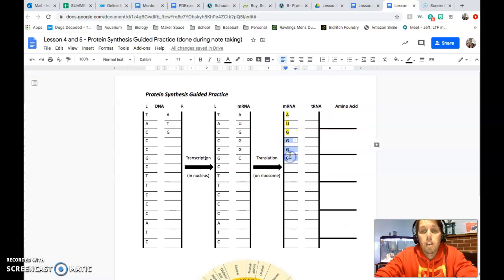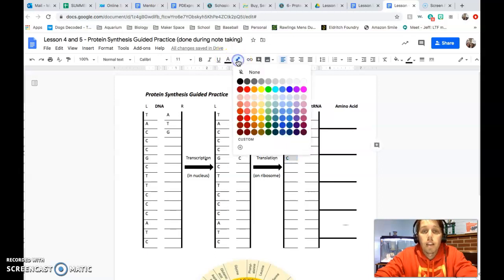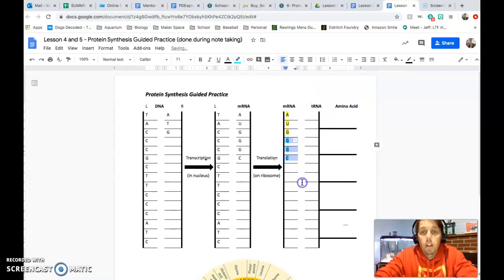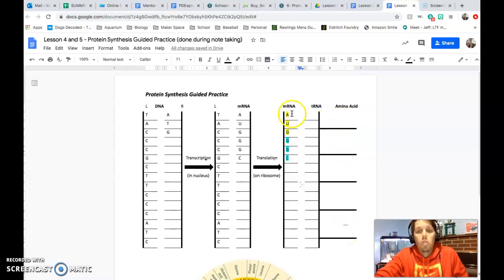Go to the next 3, highlight them a different color. Next 3, highlight them a different color over and over. That way you're never mixing up and accidentally using this G twice or something, or it'll mess everything up, and we don't want that. So, we start here with our first 3 letters, which are A, U, G.